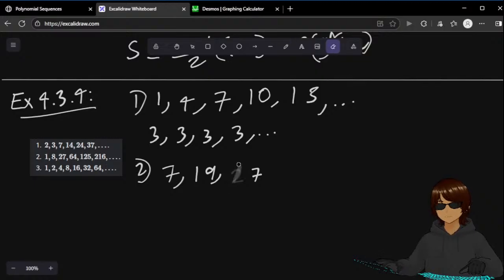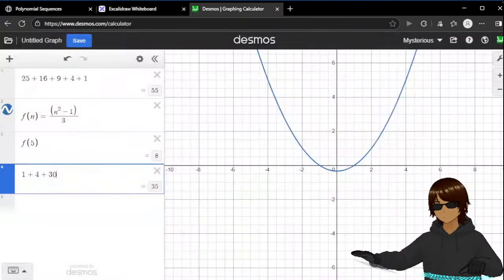But this is wrong. I think it's 37. 7 plus 7 is 14. Just use a calculator.